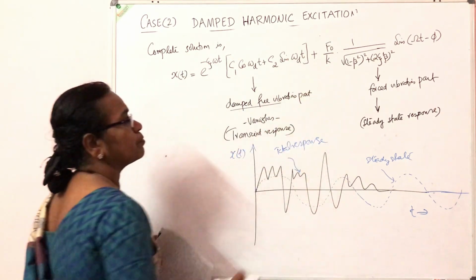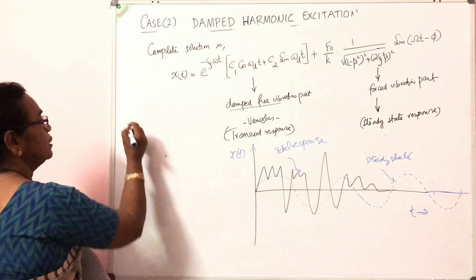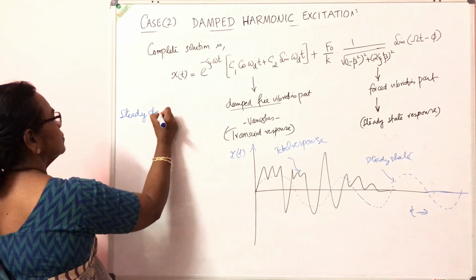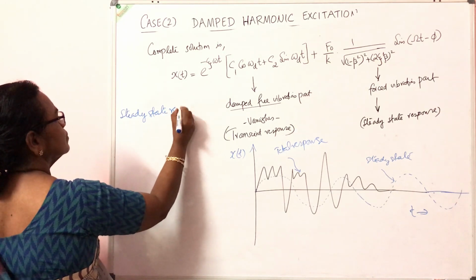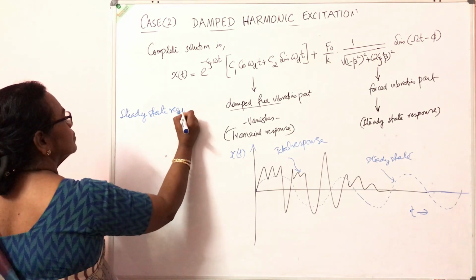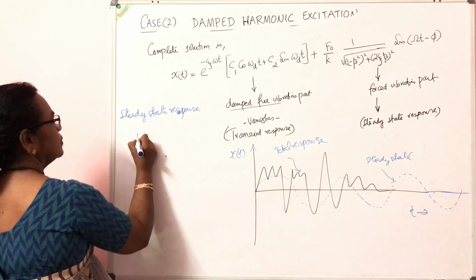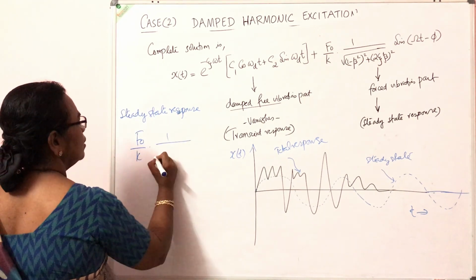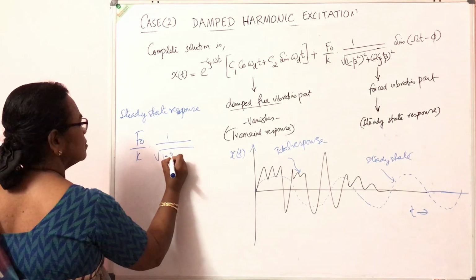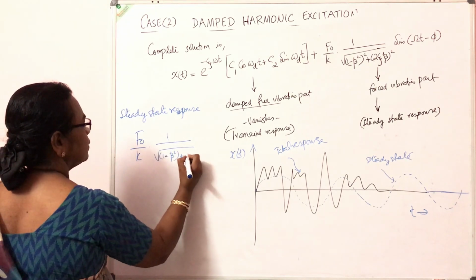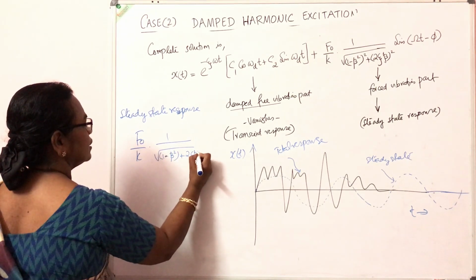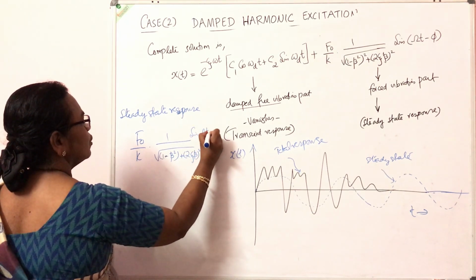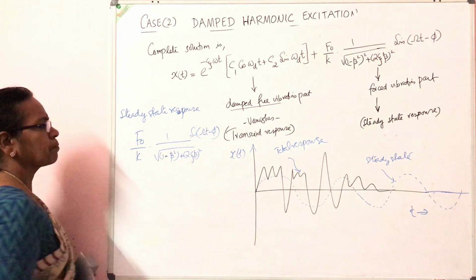So the steady state response is what we are more interested in, and the steady state response is F0 by K into 1 by root of (1 minus beta square) plus (2 psi beta) the whole square, into sine omega t minus phi.